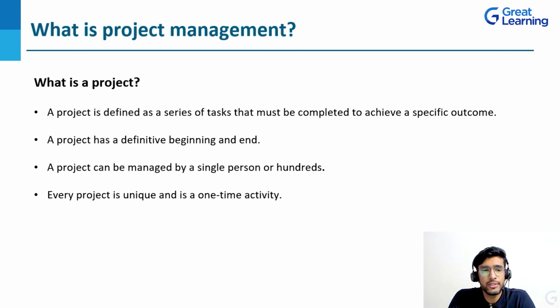Now, coming to the third point, a project can be managed by a single person or a group of people, that can be hundreds of people or thousands of people. So basically, the number of people inside a project depends on the scope of the project. When you consider a project that was given to you in your childhood, it's just a very small assignment that might require an individual to finish it off.